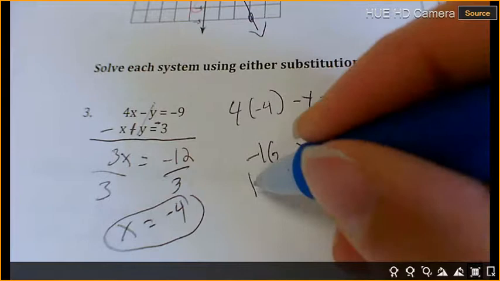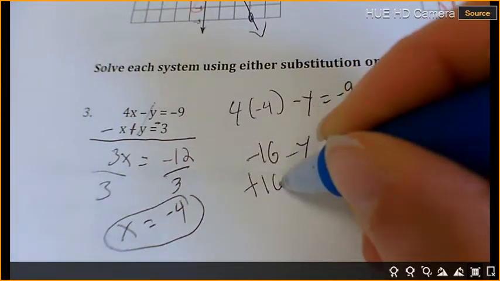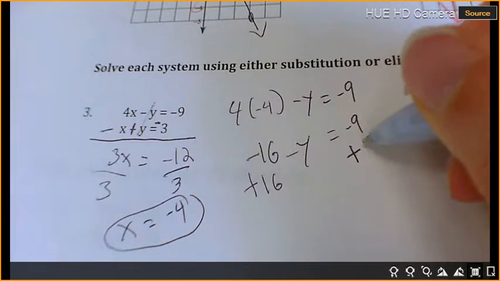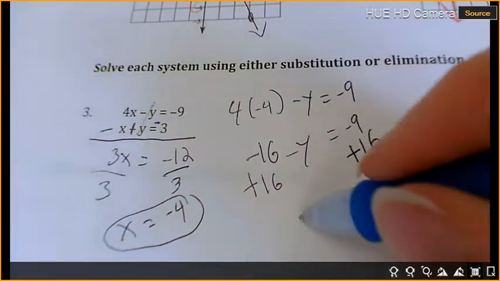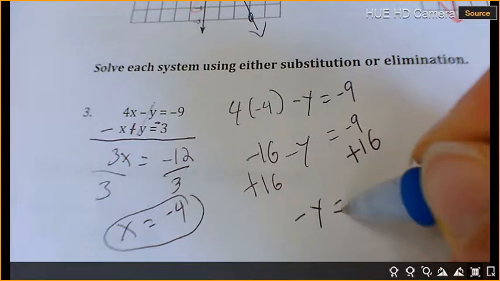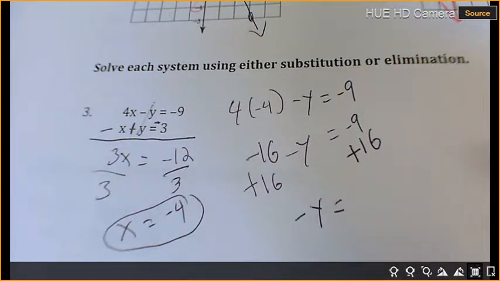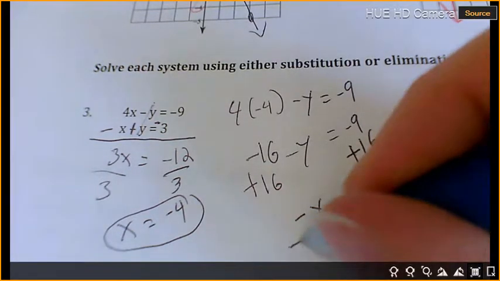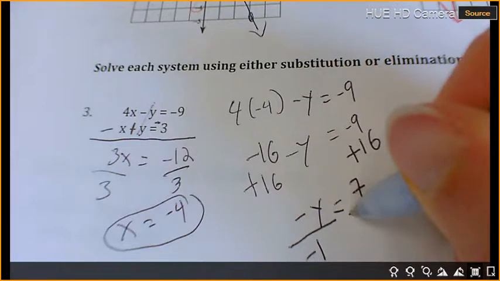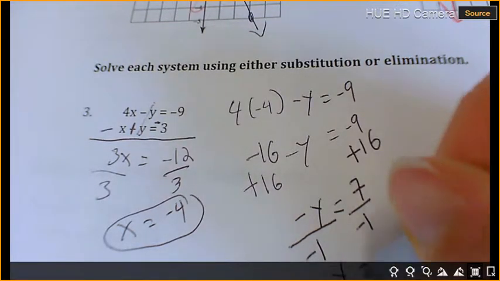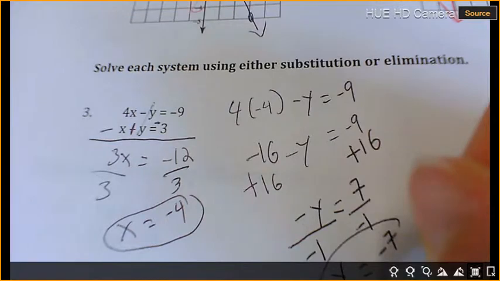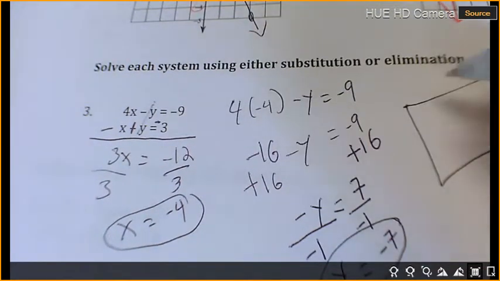I'm going to add 16 to both sides. And I get -y equals 16 minus 9, guys. 7. And then we're going to divide it by a -1. And we get y equals -7. So my answer, make sure you put this, is -4, -7.